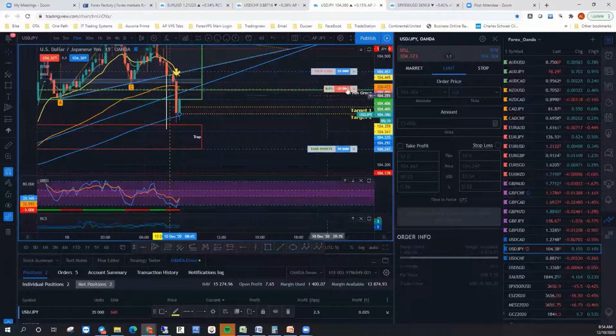This thing was up 20-some. Nice little move, but now we're getting the pullback. So this might be an entry for an additional sell if it comes back up. I would look at this as being a bags entry to sell with a 40 pip stop and a 20 pip target.